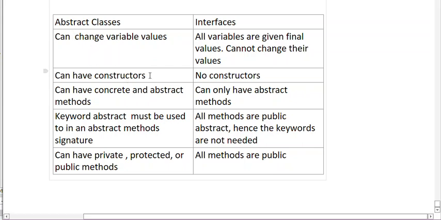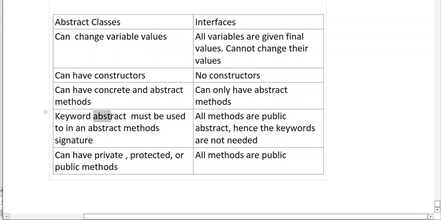Abstract classes can have constructors, but there is no concept of constructors in interfaces, okay? An abstract class can have concrete and abstract methods together, but an interface can only have abstract methods. There is no concept of a concrete method. What is a concrete method? A concrete method is a method that has a body, right? An abstract method does not have a body.